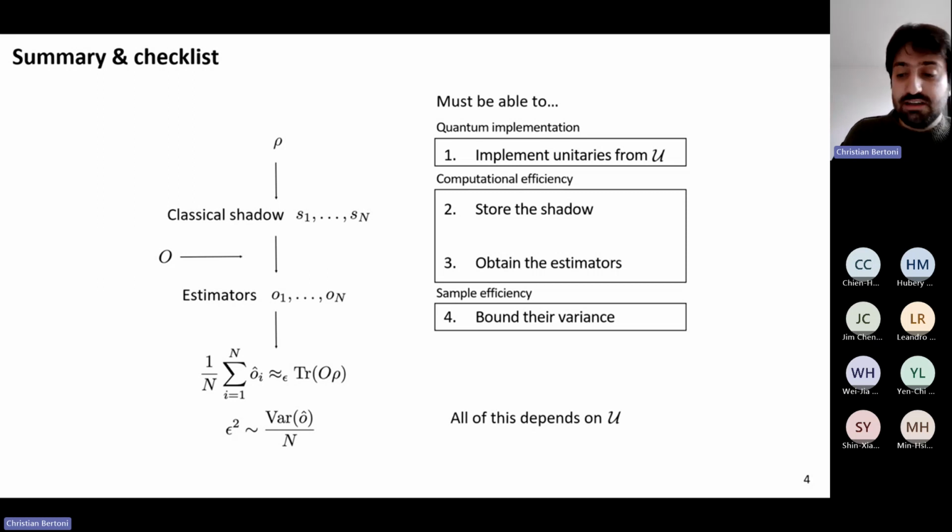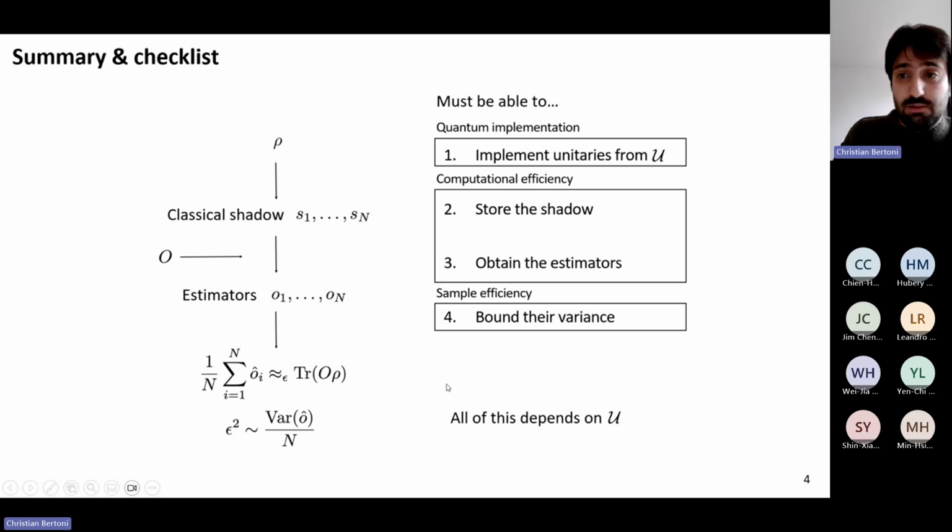And so the only real thing that we're left with is playing with this curly U ensemble. And essentially, the moral goal of many of these shadows works is to find an instance of this curly U ensemble such that these 4 points are as well behaved as possible for the largest possible class of states and observables.